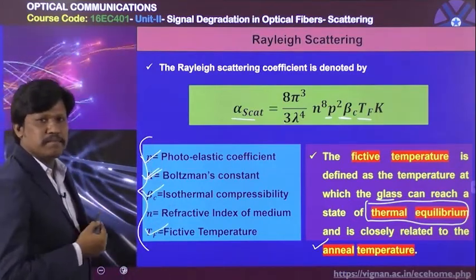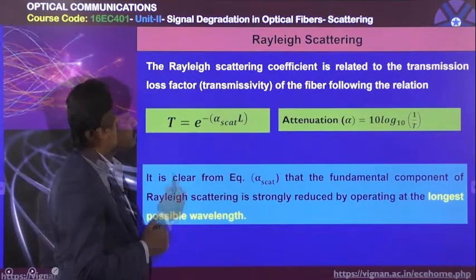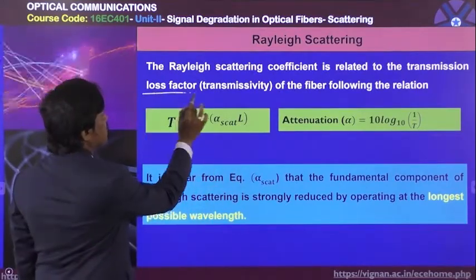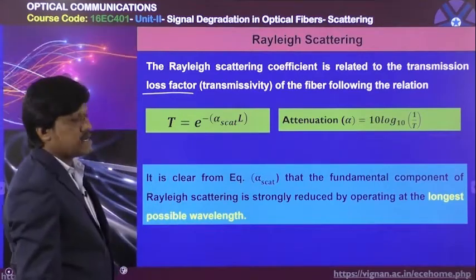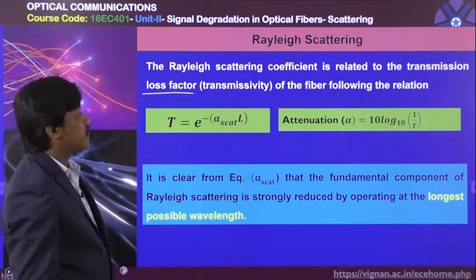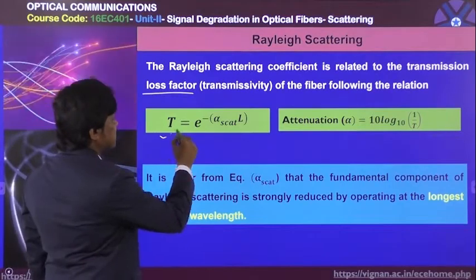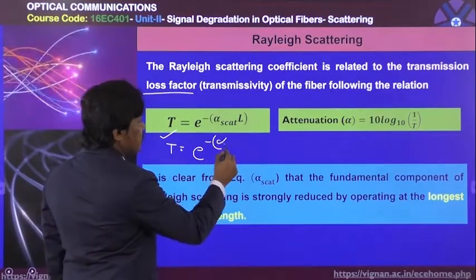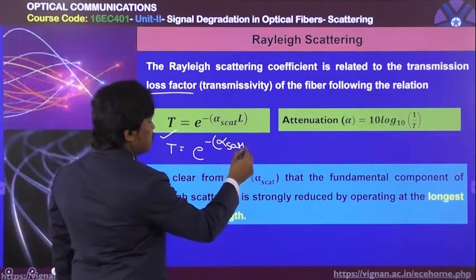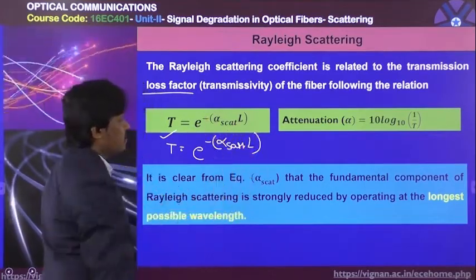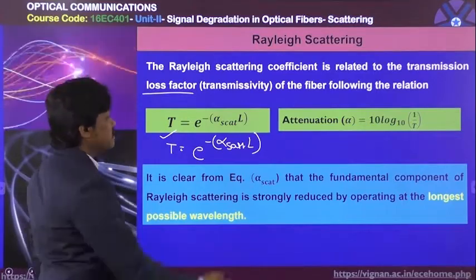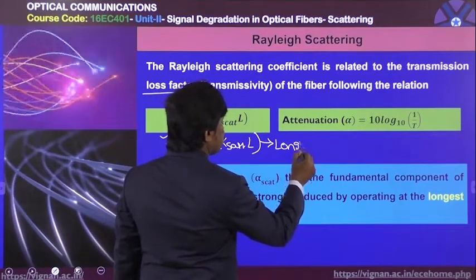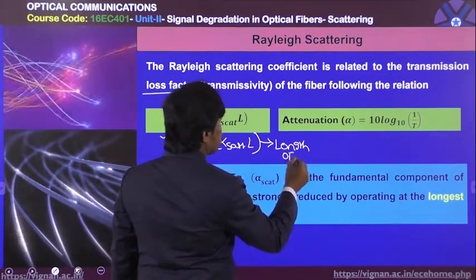The Rayleigh scattering coefficient is related to the transmission loss factor. With the help of this relation, the transmission loss factor is equal to e to the power minus alpha scattering times L, where L is the length of the optical fiber cable.